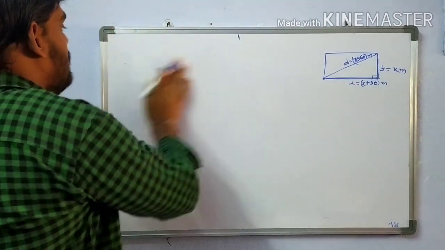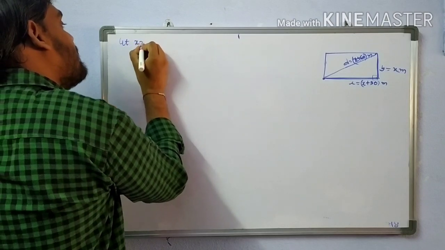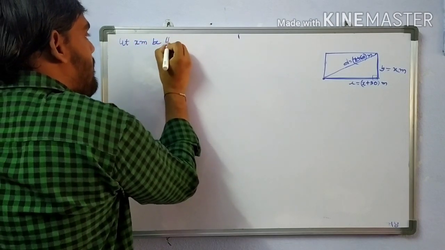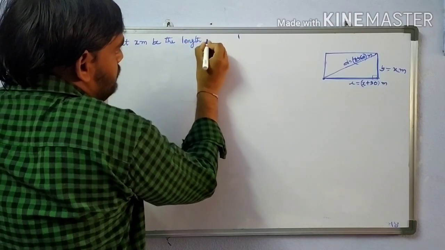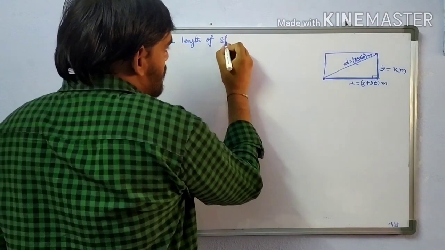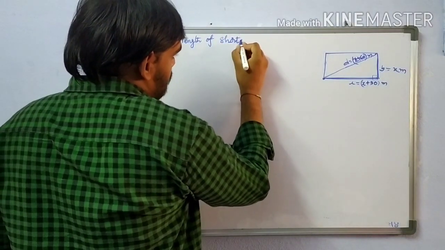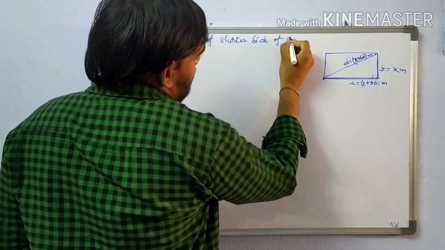So first of all, we will write: let X meters be the length of the shorter side of the rectangle.